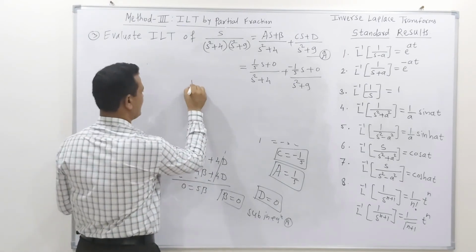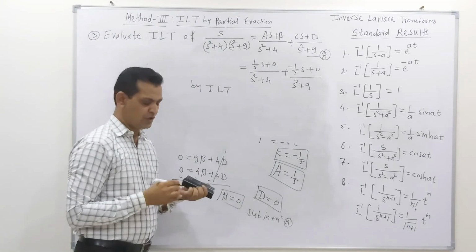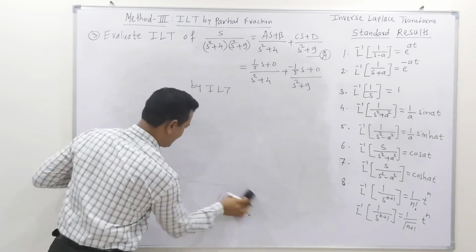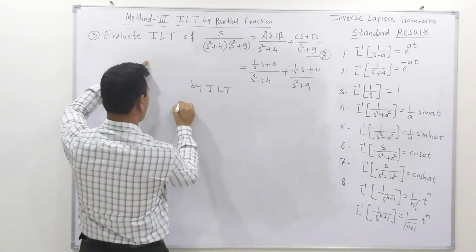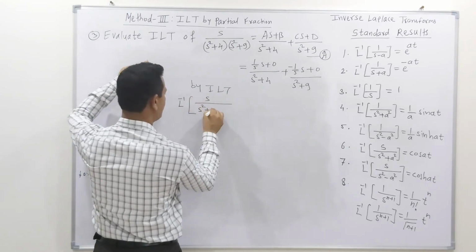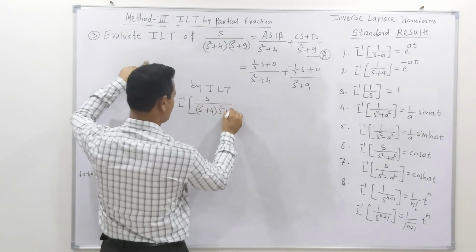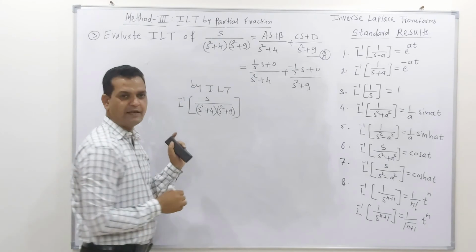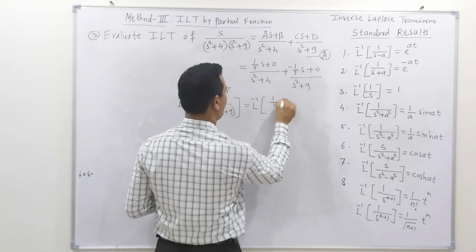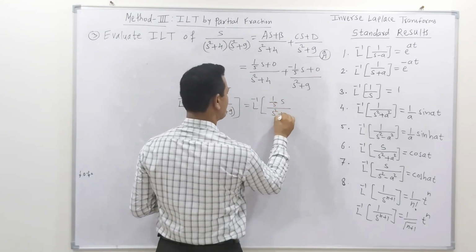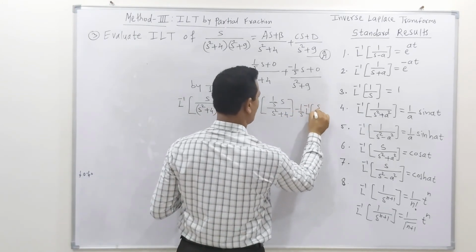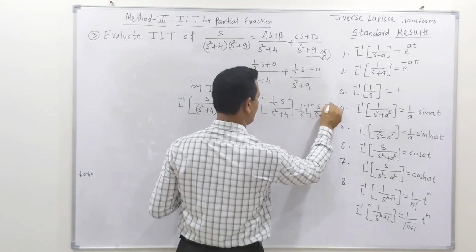Now apply the concept which is called inverse Laplace transformation. If we apply the inverse Laplace transformation to s upon s square plus 4 into s square plus 9, it is equal to the inverse Laplace transformation of 1 upon 5s divided by s square plus 4, minus 1 upon 5 inverse Laplace transformation of s upon s square plus 9.